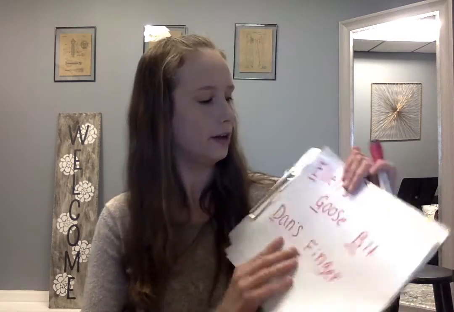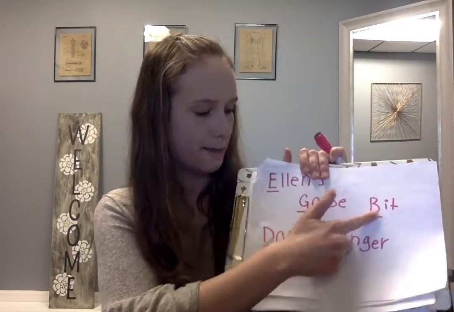So our spaces for our treble clef are going to be face. Our lines for the treble clef is Ellen's goose bit Dan's finger.